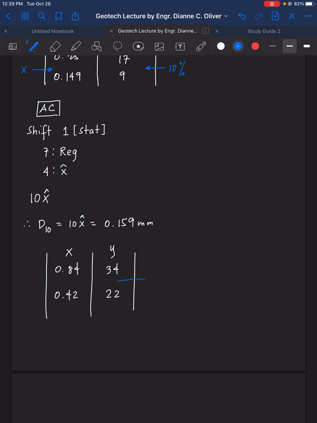In between here is your 30% passing, and in between here is the unknown diameter x. So using again your calculator, you will repeat the process.